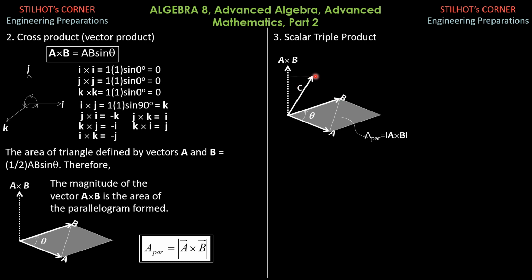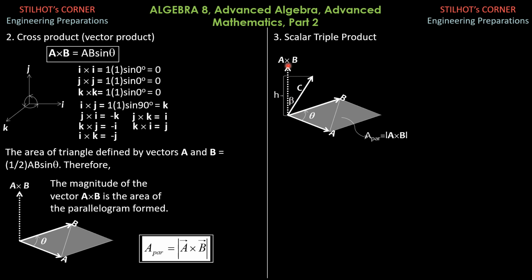So this is now a line perpendicular to A cross B, so that the distance from the tail to that perpendicular foot is equal to the height h, and that is magnitude of C cosine of this angle here, which I'll call beta.